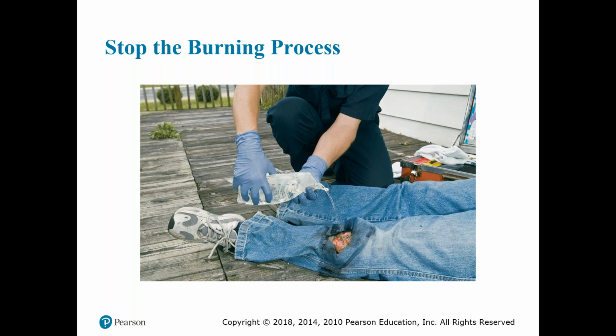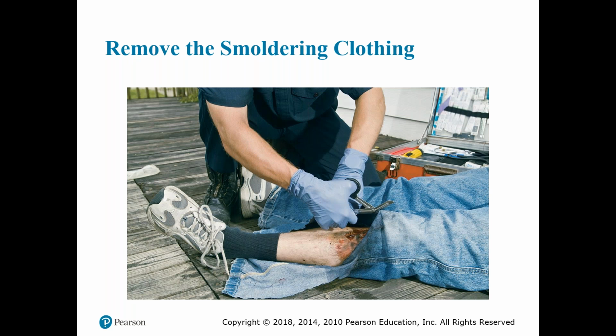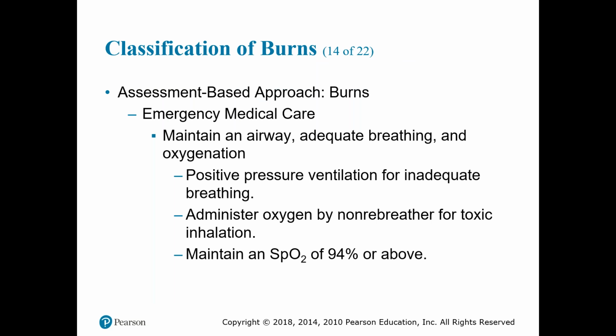It is affecting an extremity, so that's cause for concern, and we can see that we're starting to see that black charring, so that could actually be a full thickness burn. So we're going ahead and starting that cooling process. Remove any of that smoldering clothing, and then I'm going to remove their shoe and their sock as well in the event that we have swelling within that extremity.